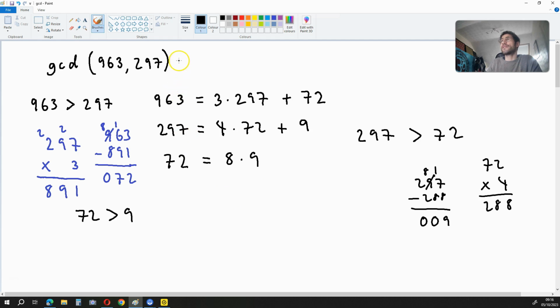The greatest common divisor of both of these numbers is going to be equal to 9, because after this there is actually no remainder. So this is how we can use the Euclidean algorithm to get the greatest common divisor of two numbers.